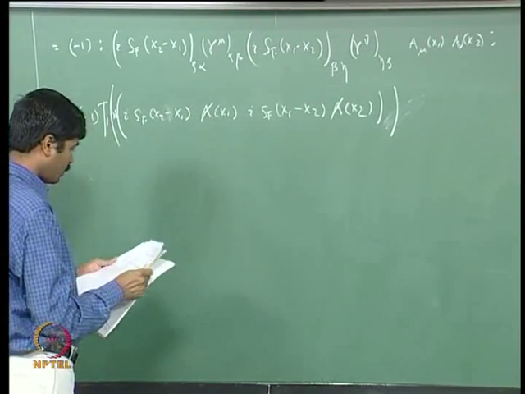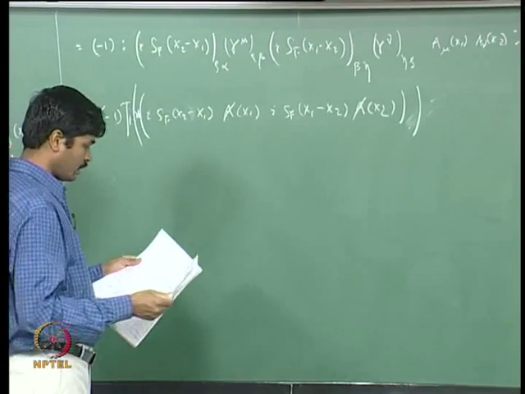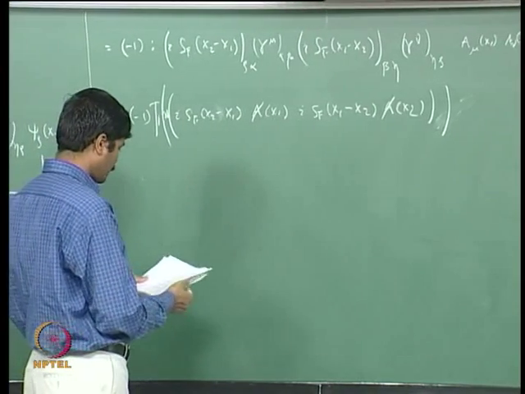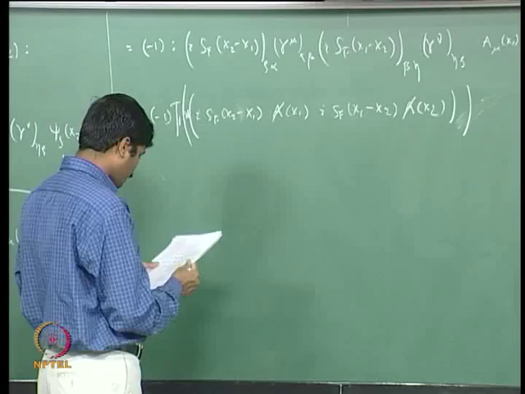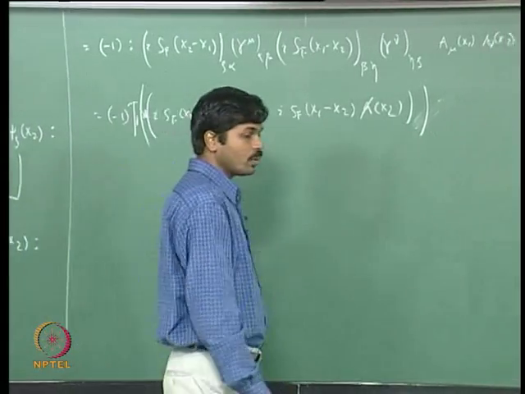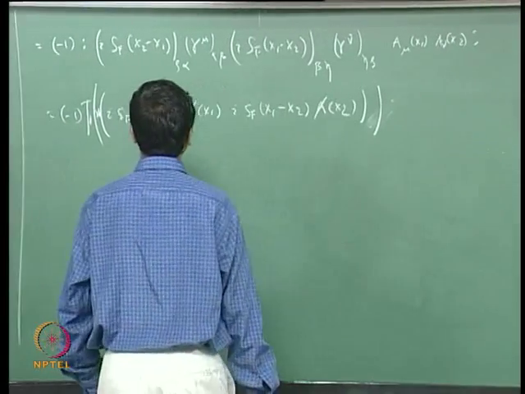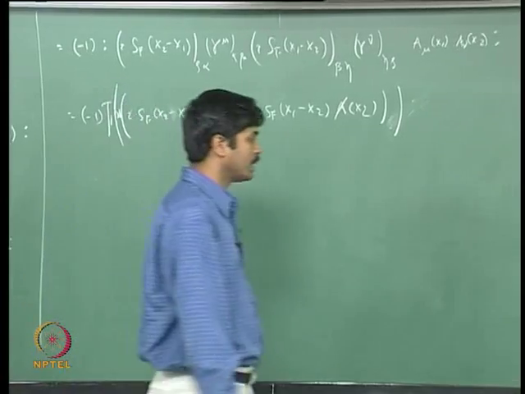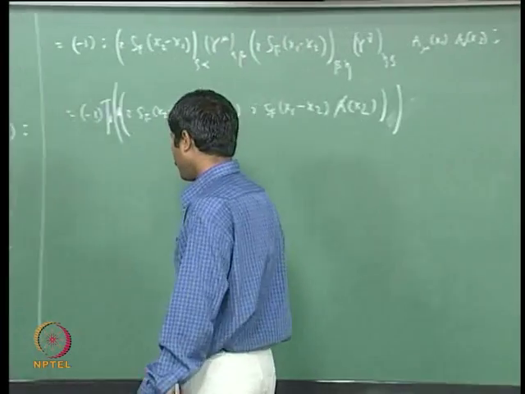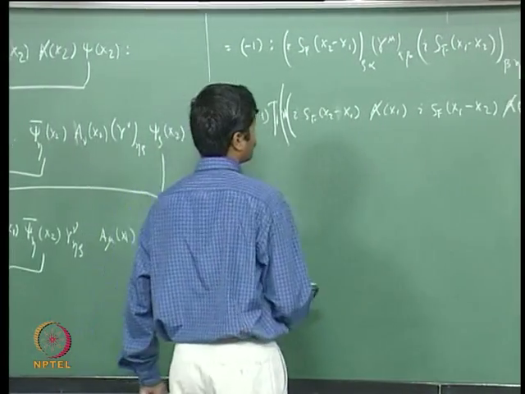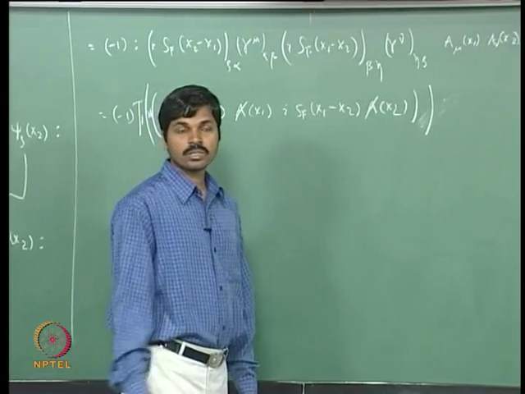All right. So, now we have the set of rules. What we will do is that we will consider a couple of more physical processes and then compute the respective Feynman amplitudes for those processes. Any question after this?